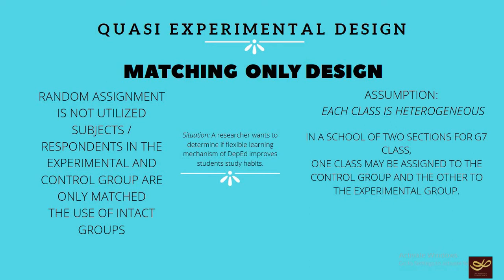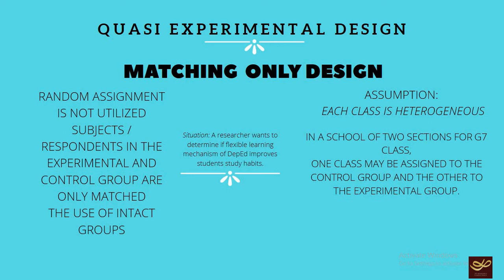So by doing this assignment, you are assigning the class, not the subject or the student. It is the entire group that is being assigned to the experimental group, not the students in that class, but the entire class. Now, how are you assigning them? You can assign them randomly. You can toss a coin. If it's a head, then Section A will be the experimental.